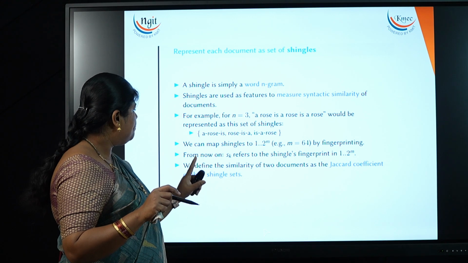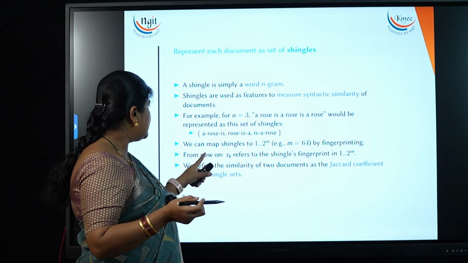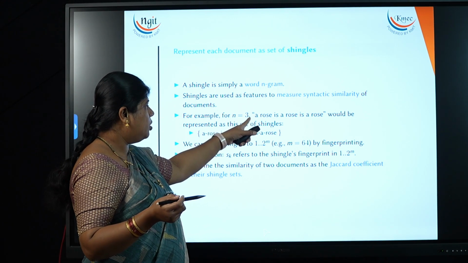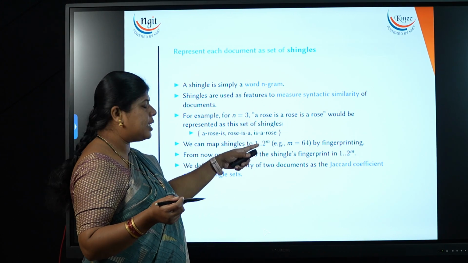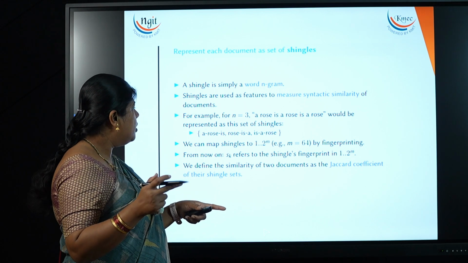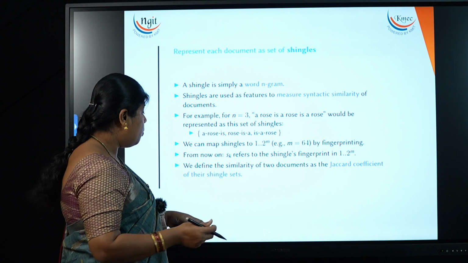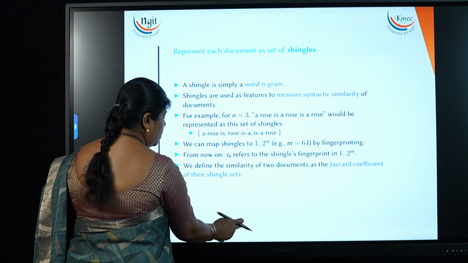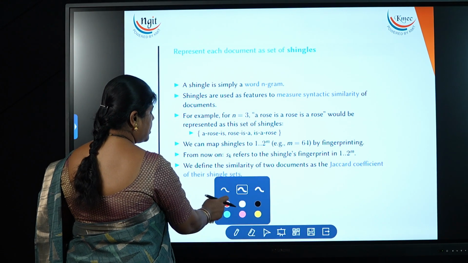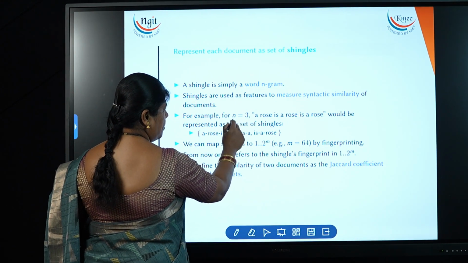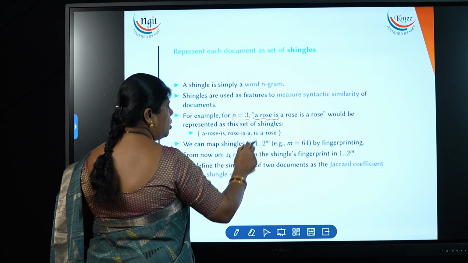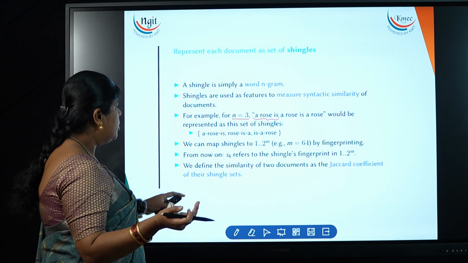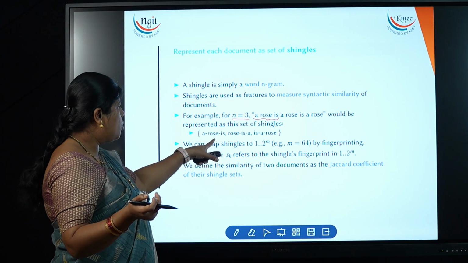Here, for example, n is equal to 3. "A rose is a rose is a rose" would be represented as a set of shingles. When n is equal to 3, divide your sentence into groups of 3 words. The first division is "a rose is".